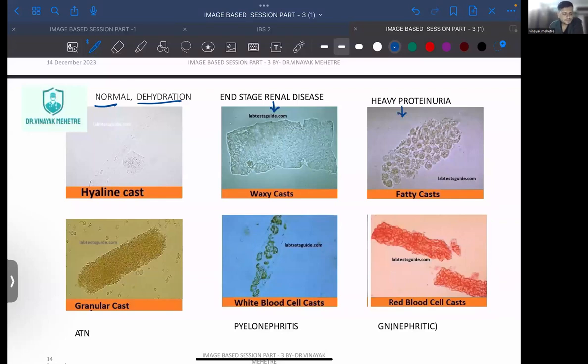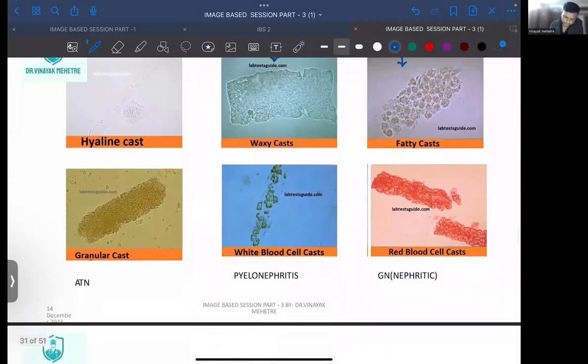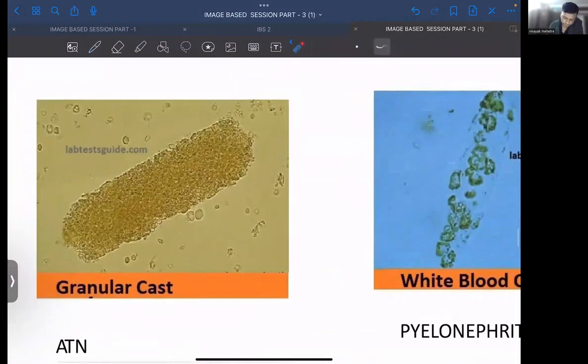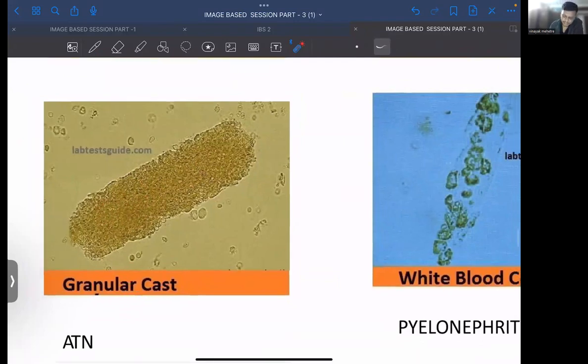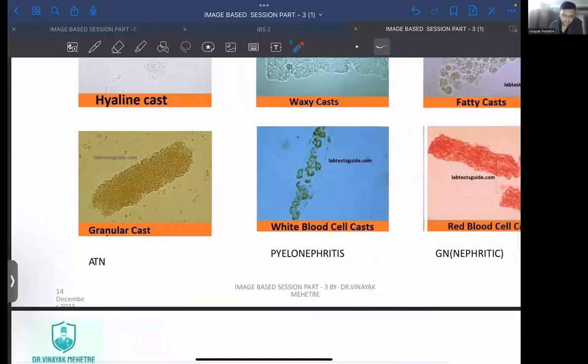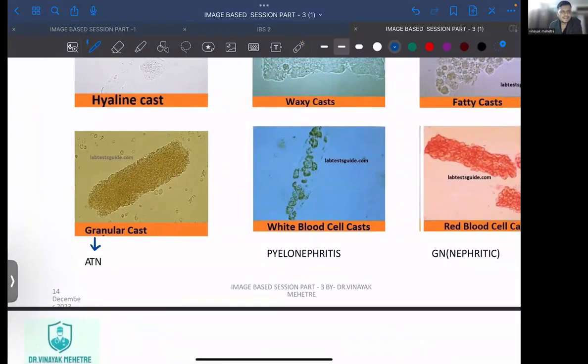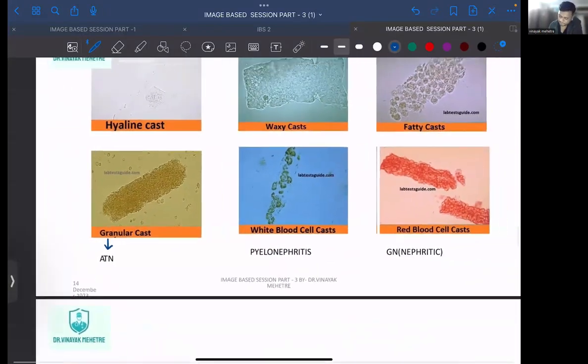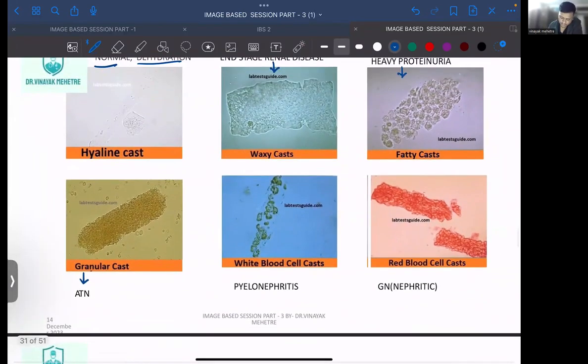Protein is leaked, so we will see fatty cast. Take a look over here. Granules. There are so many granules, so it will be seen in acute tubular necrosis, ATN. Look at this, it should come in the exam.